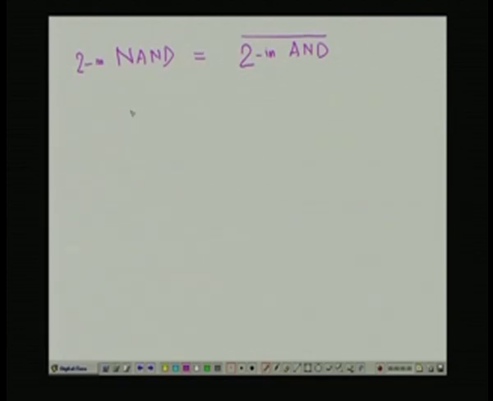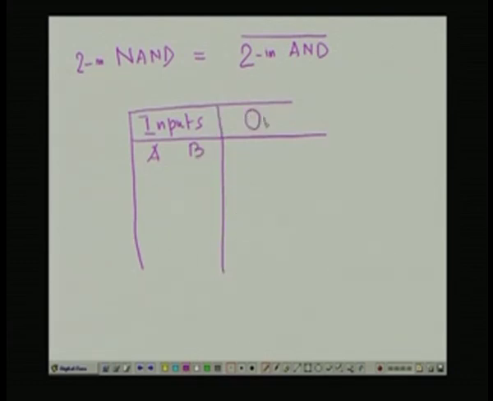If I write together, this is my inputs, the A and B, and these are my outputs. I am giving O output for AND, and this is the output O for NAND.